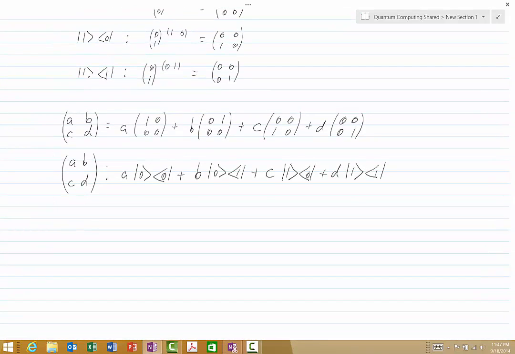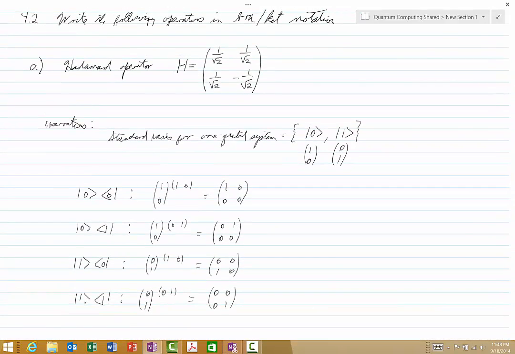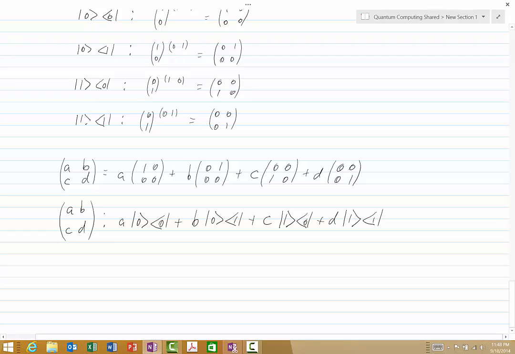So for instance now, if we return to the problem under consideration, the Hadamard operator, H equals 1 over square root of 2, 1 over square root of 2, 1 over square root of 2, minus 1 over square root of 2. What is the corresponding operator?